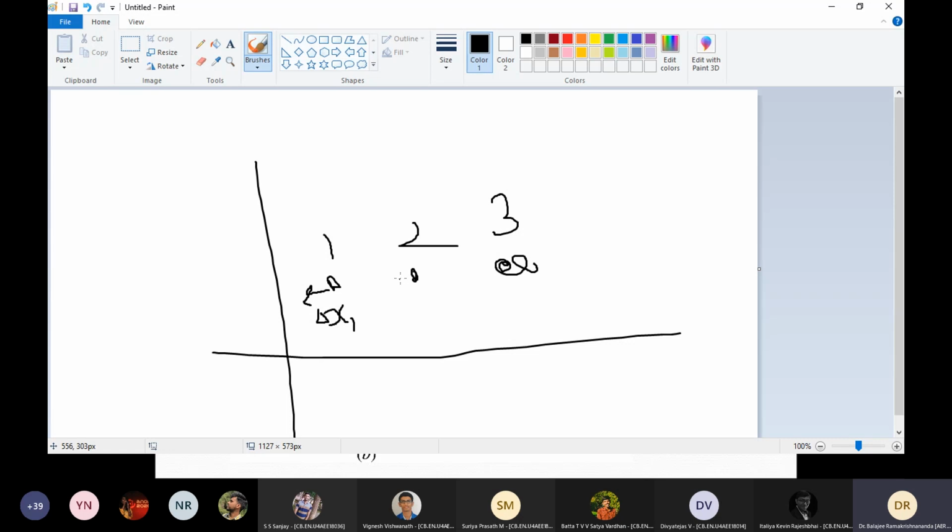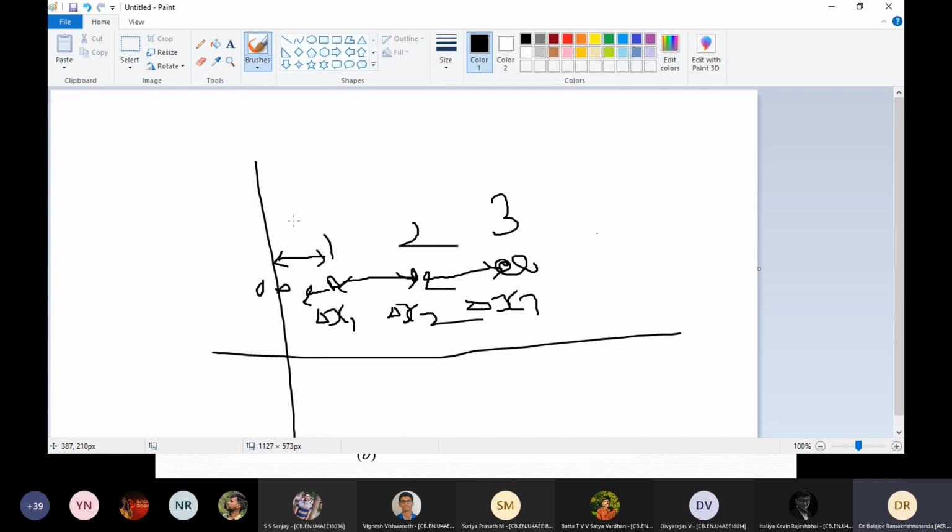So that is the distance between 0 and 1. Let's say this is 0. The distance between 0 and 1 is now reduced by delta x1. Let's say the distance between 1 and 2 has changed by delta x2. Then the distance between 2 and 3 has changed by delta x3, and so on and so forth.